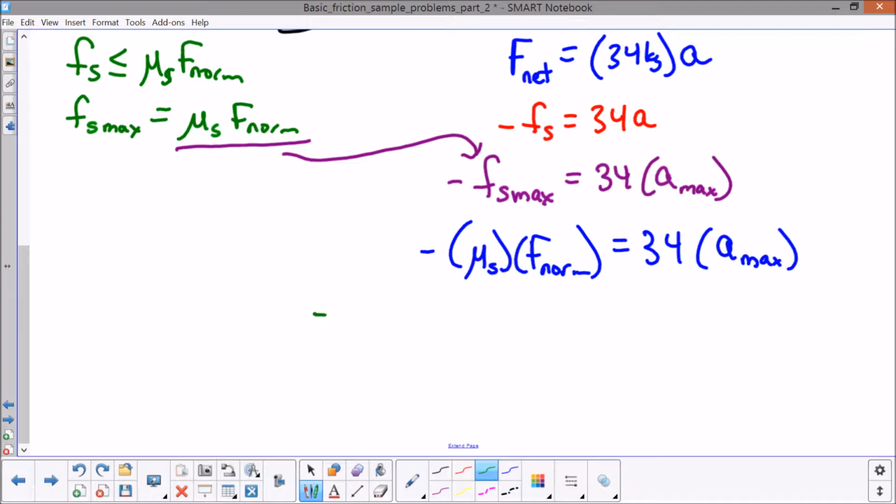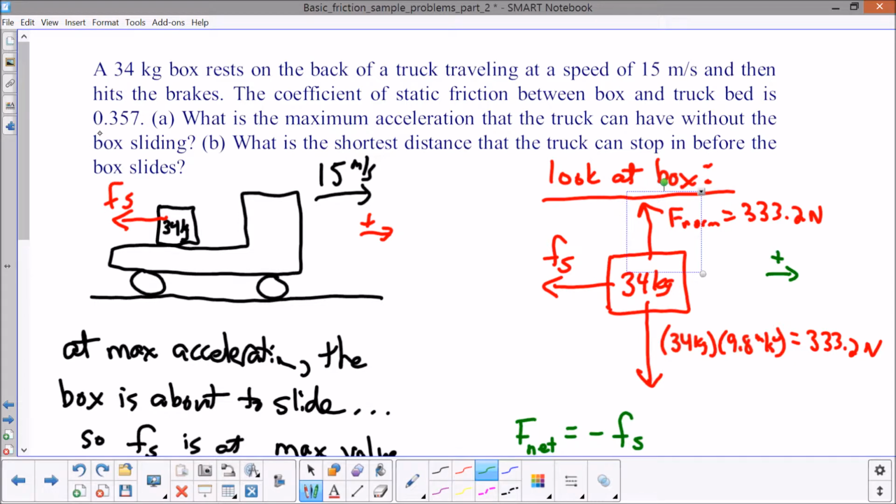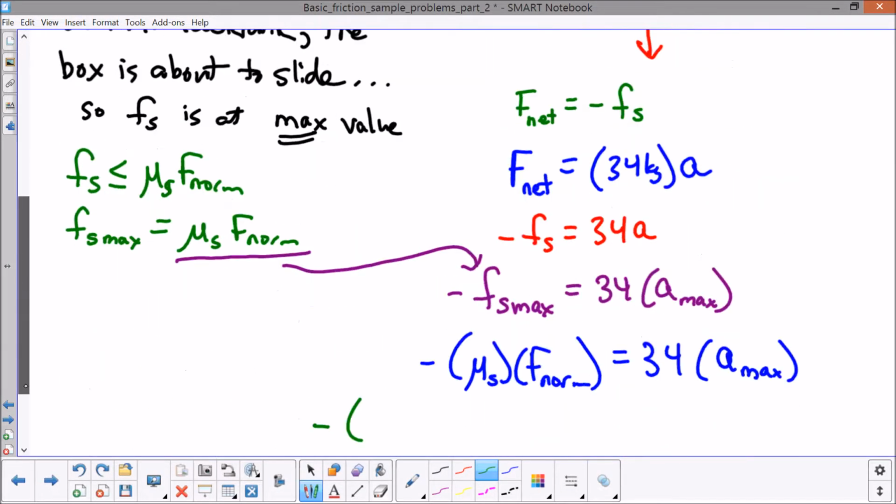We were given that the coefficient of static friction in the problem was 0.357, and we calculated that the normal force was 333.2 newtons.